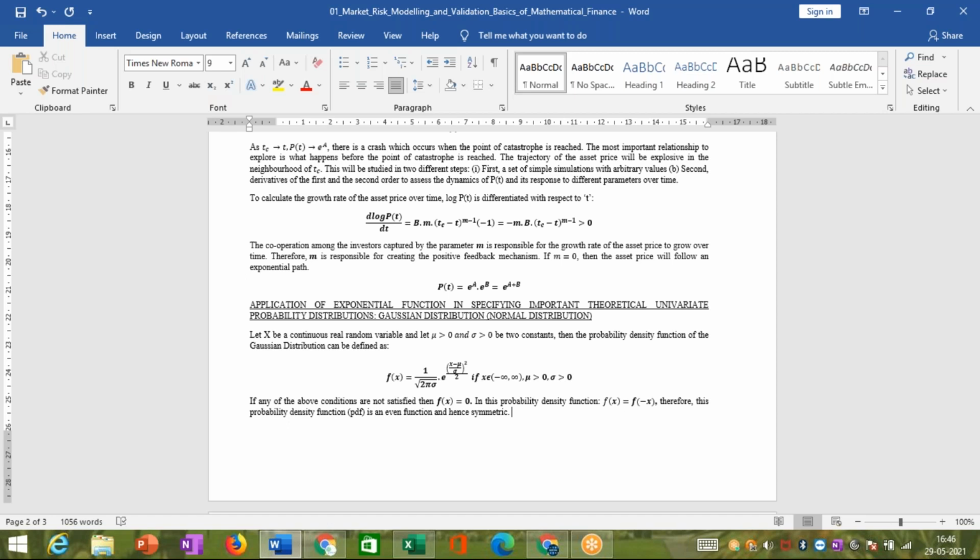This concept of random variable is very central in any market risk or credit risk model that you are developing, so understanding it is absolutely important. So what is a random variable?